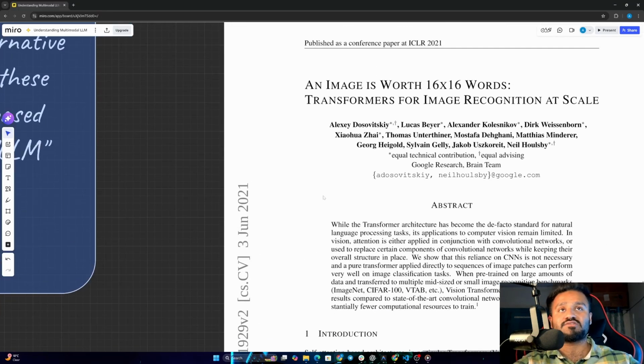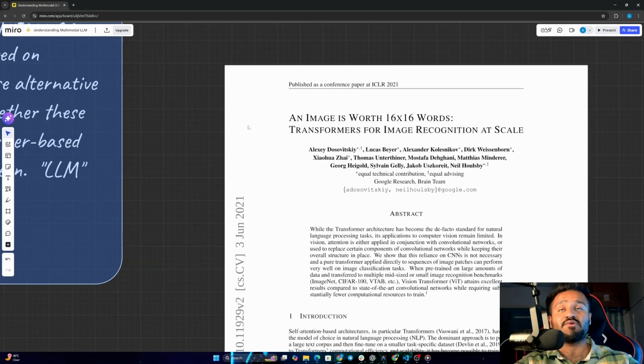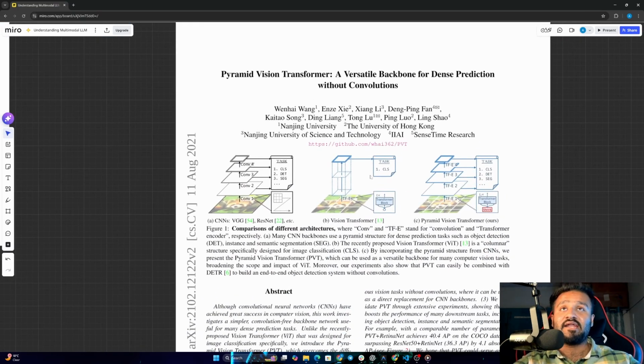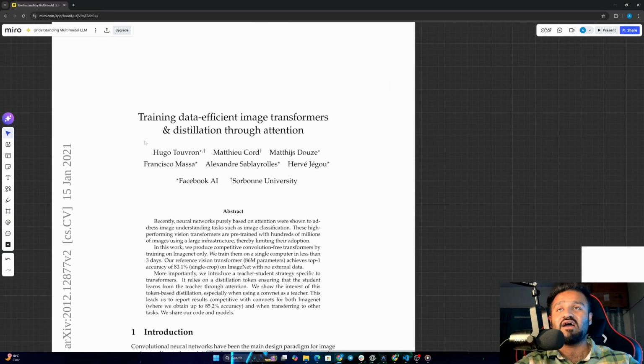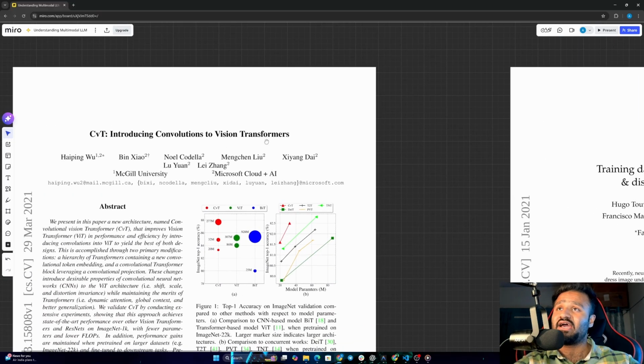It was the first research paper that used transformers for a vision-specific task. And here we have Pyramid Vision Transformers, DeiT, the training data-efficient image transformer, and CvT as well.